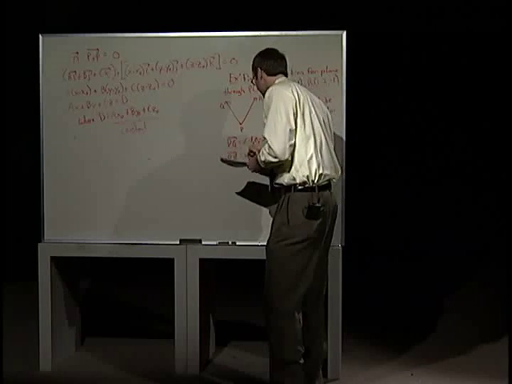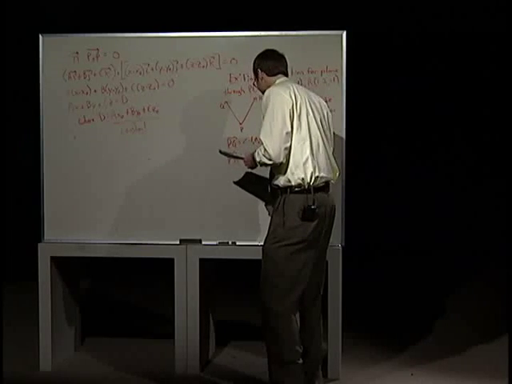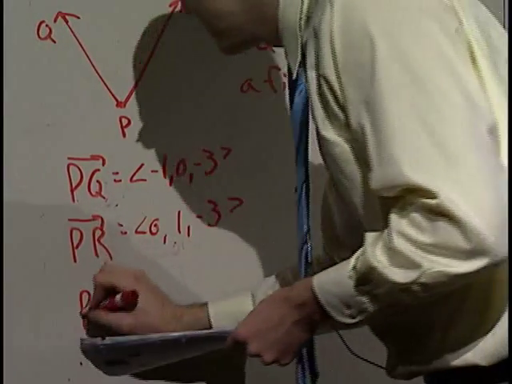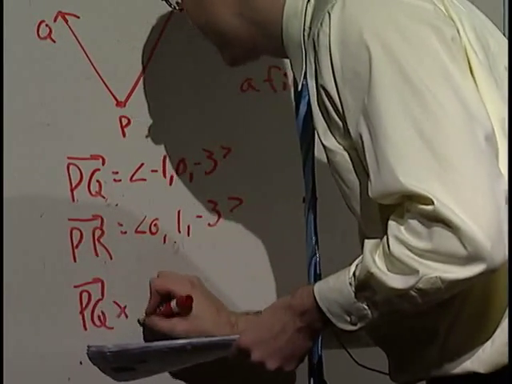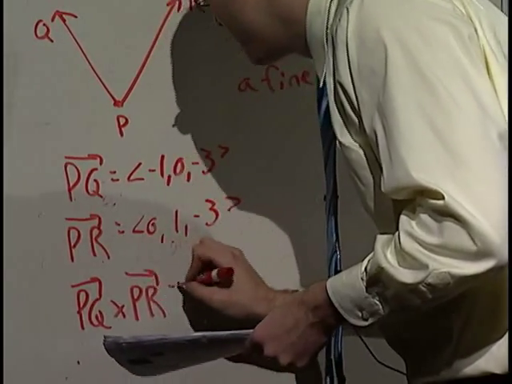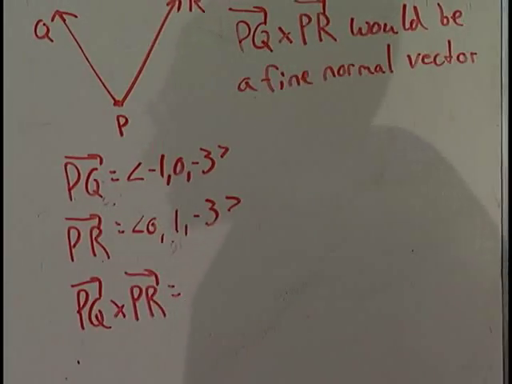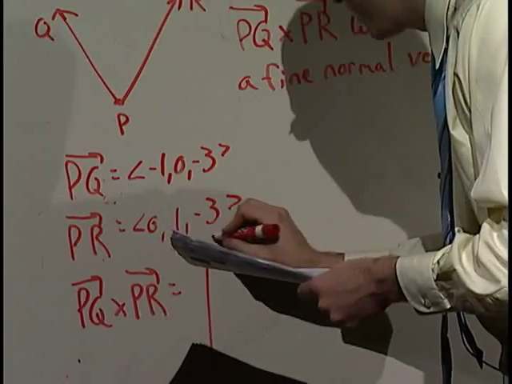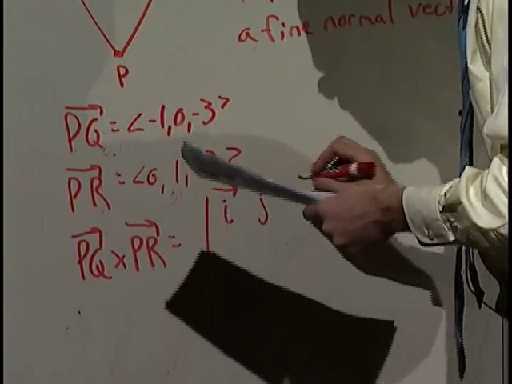So that should give us 0, 1, and negative 3. And let's see here, PQ cross PR. I'm not going to go through the full calculation this time, but I will give the determinant, and in theory my notes are correct, so hopefully this will be the right answer.